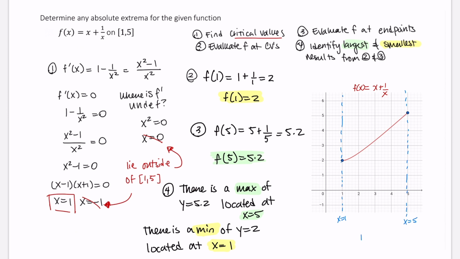That's what the interval 1, 5 tells us, where we restrict our graph. And the extreme points occur at the endpoints, a low point of 2 when x is equal to 1, an absolute minimum, and a high point, an absolute maximum, at 5, 5.2.